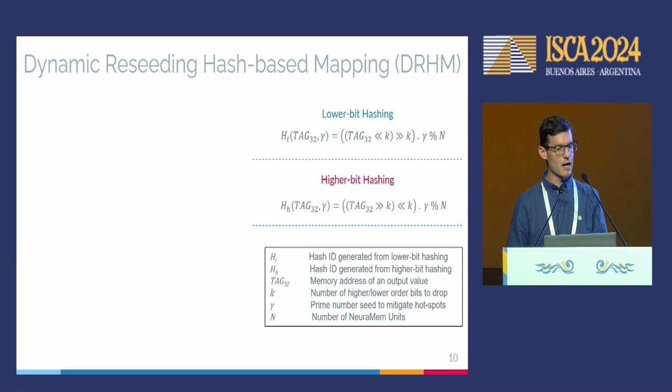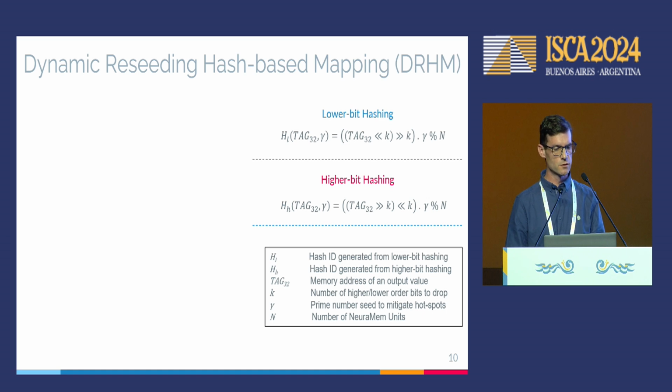Regarding the DRHM mapping algorithm, we have tested different implementations in order to maximize the workload distribution of all this accumulation across all NeuraMem units available in the NeuraChip. So for us, the best implementation is performing hashing of the tag, which is basically the address of the output value for the elements of matrix C for these partial products that need to be accumulated.